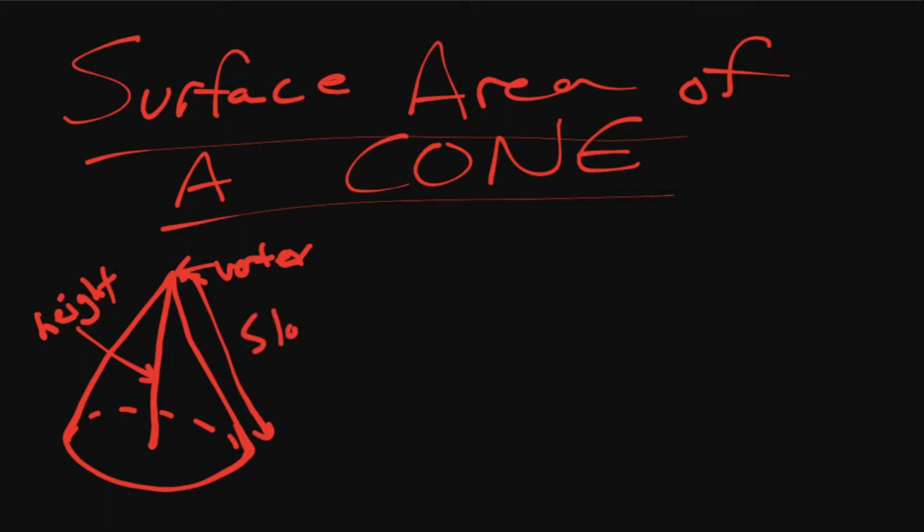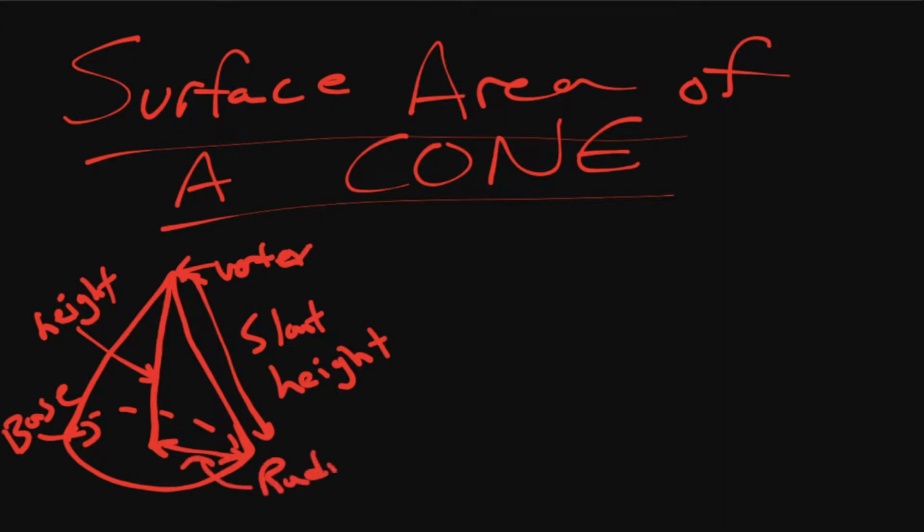This is called the slant height, and the face at the bottom, like the entire circle, that's going to be called the base. And from the middle to the edge, that is called the radius.